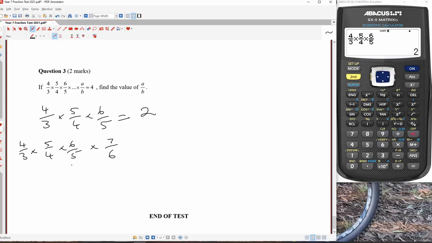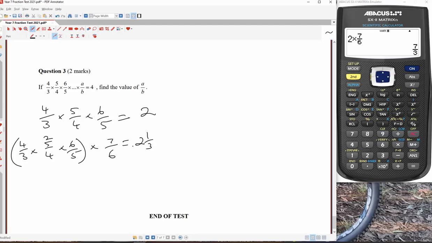Now we already know that this part here is equal to 2. So in the next line, all I'll do is 2 multiplied by 7 on 6. And that is 7 on 3, or 2 1/3.